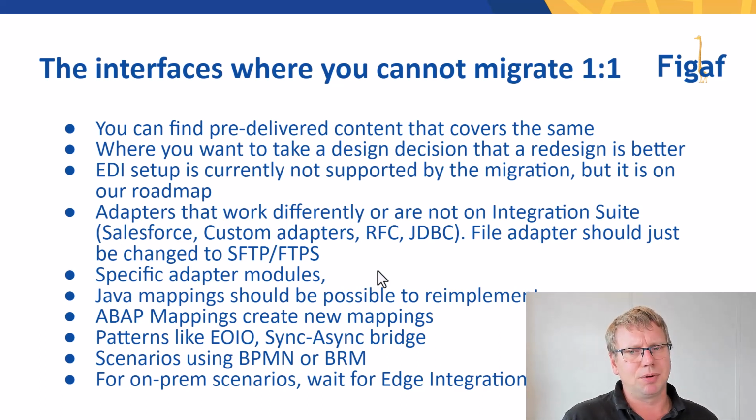We have some adapters that work differently or do not exist. Salesforce, custom adapters, JDBC, that you may find work in a different way. And when you're doing the migration, you need to take these into consideration.